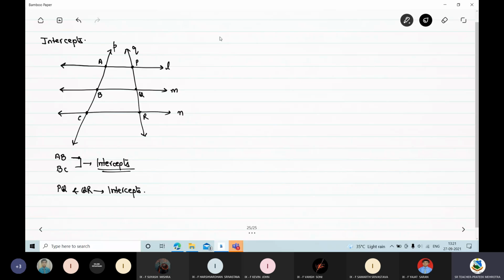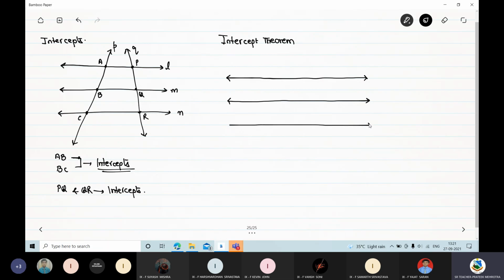So there is an intercept theorem that says that if there are three or more parallel lines, remember that for the intercept theorem there must be three or more parallel lines. I won't say it is not applicable, but generally it is not followed when there are just two parallel lines.